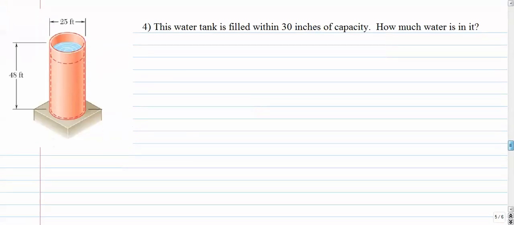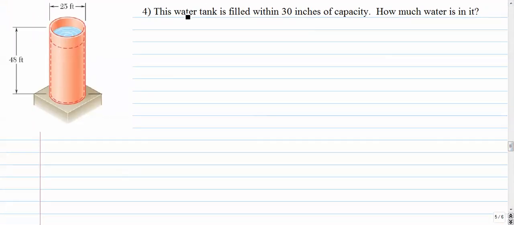There we go. Number 4. So far so good. Here's a little bit more of a challenge. This tank of water is filled within 30 inches of capacity. How much water is in it? So that means that within 30 inches of capacity, you can see there's a little dotted line. That is the empty space, and the empty space is 30 inches.